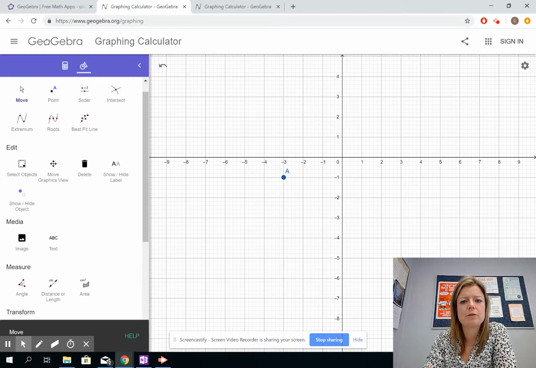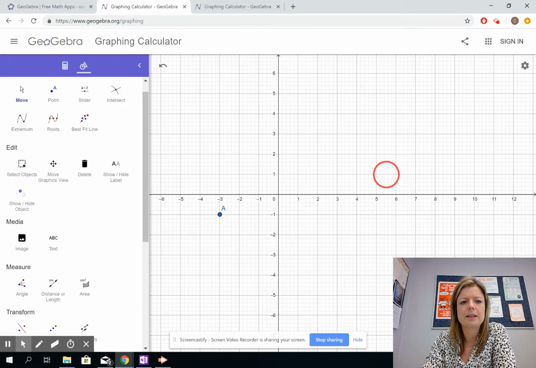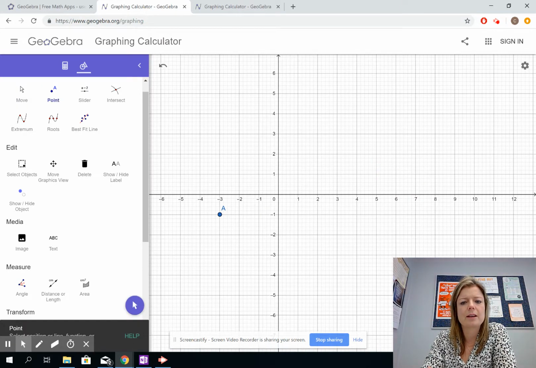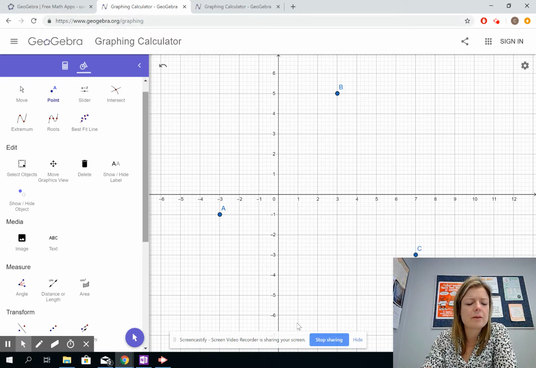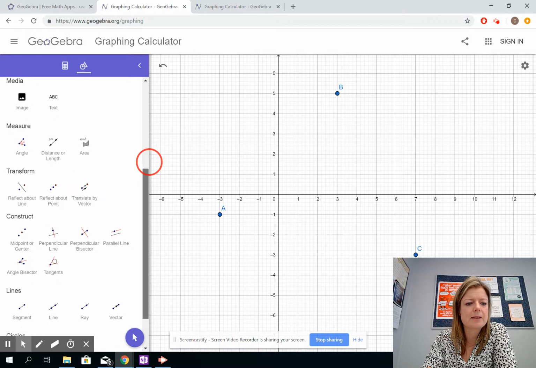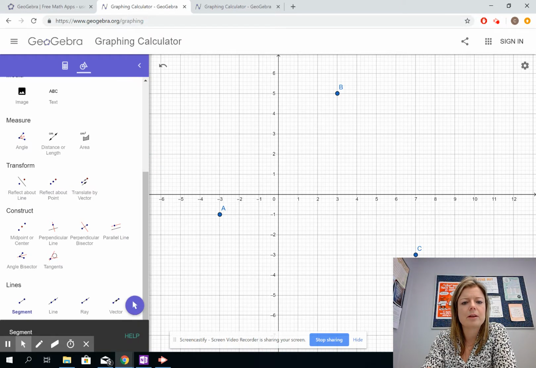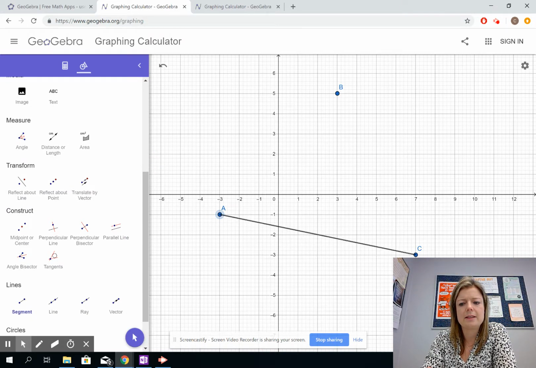Oops, go back to move so you can move it to see where you want to see it. Then click point again. So (3, 5), and then (7, -3). Okay, so once you've dropped all your points where you want them, you can pick the line segment tool and connect them. So A to C, and then C to B, and then B to A.